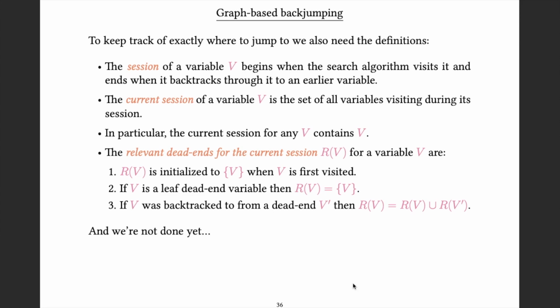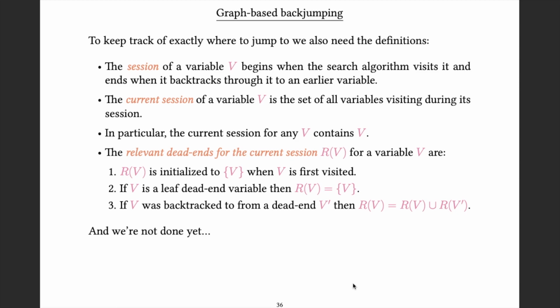And we still need some more definitions. The session for some variable begins when the search algorithm visits it and ends when it backtracks through it. The current session for a variable is the set of all the variables that get visited during its session.